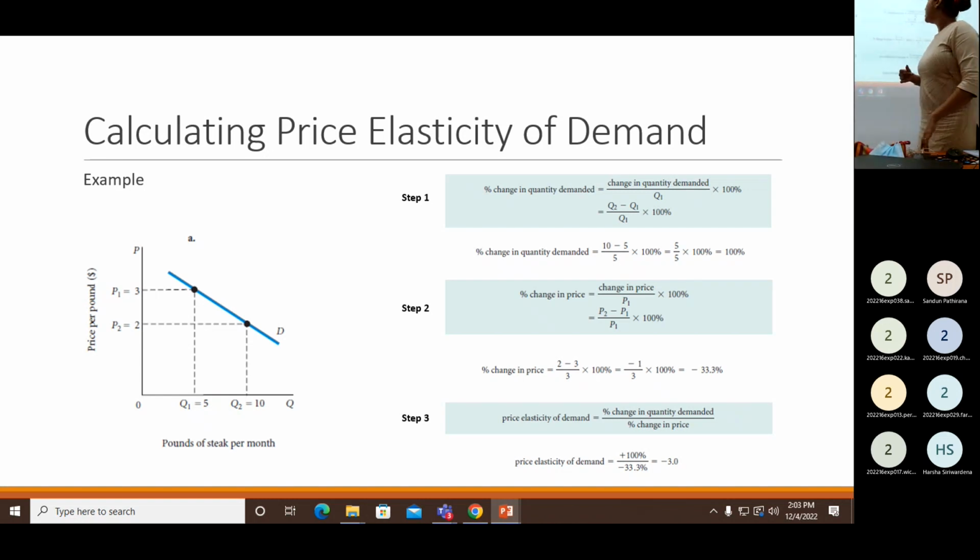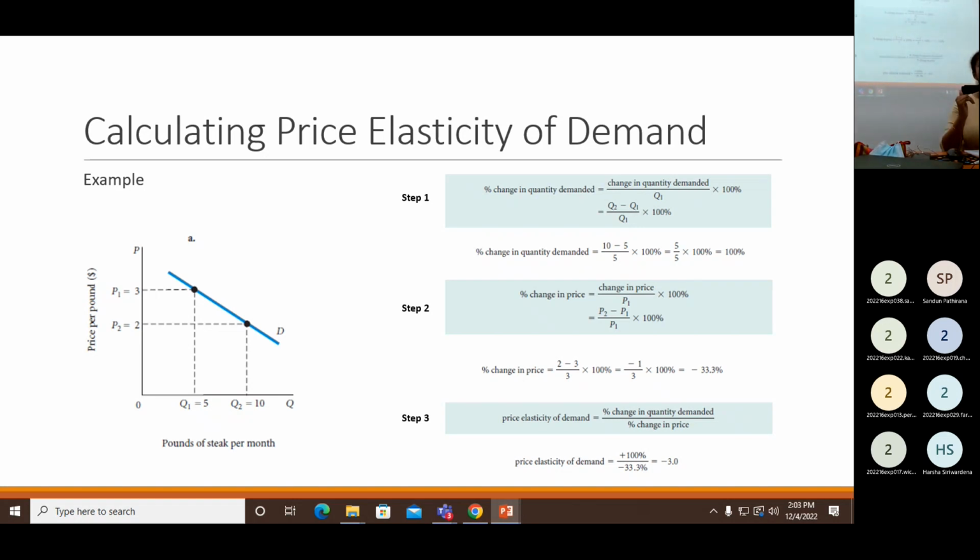These are the steps. The first step is to calculate the percentage change in quantity demanded. How do you calculate that? First, you take the change in quantity demanded, which is Q2 minus Q1, that is 10 minus 5. Then divide by Q1, the initial quantity.